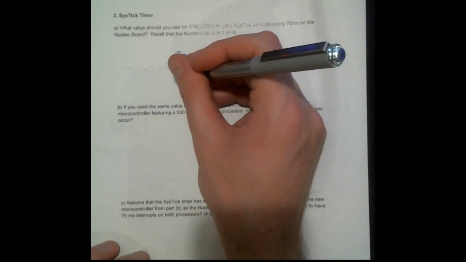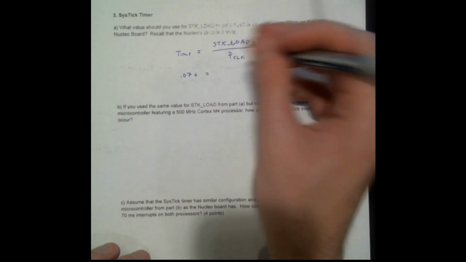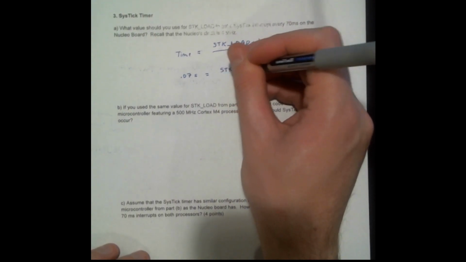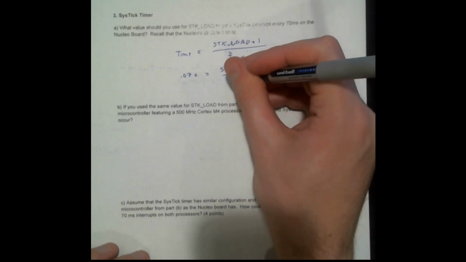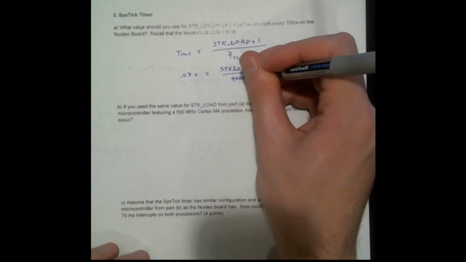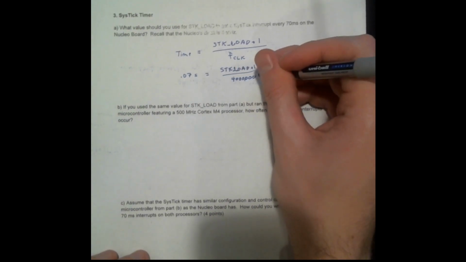So we've got 70 milliseconds, which is 0.07 seconds, is equal to STK load plus 1 over 4 million hertz. Got enough zeros there? Yeah.